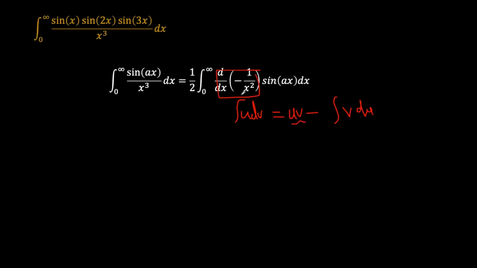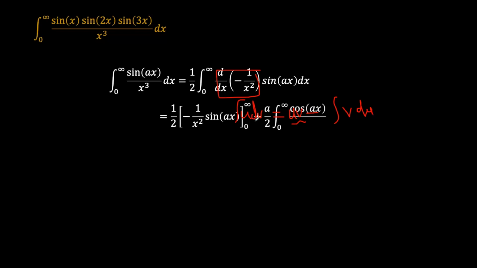Therefore, uv is the same as a half times negative 1 over x squared times sine x, and then minus the integral of v du. v definitely would be a half of negative 1 over x squared, and du would be the derivative of sine x.